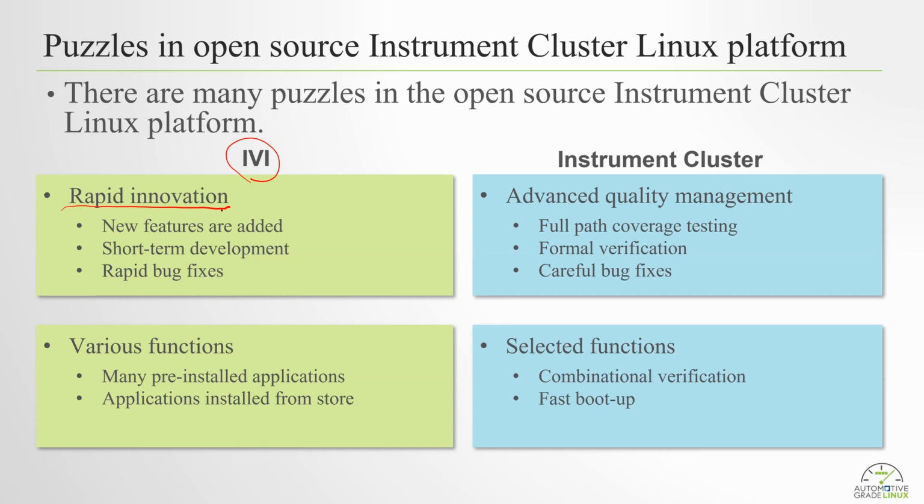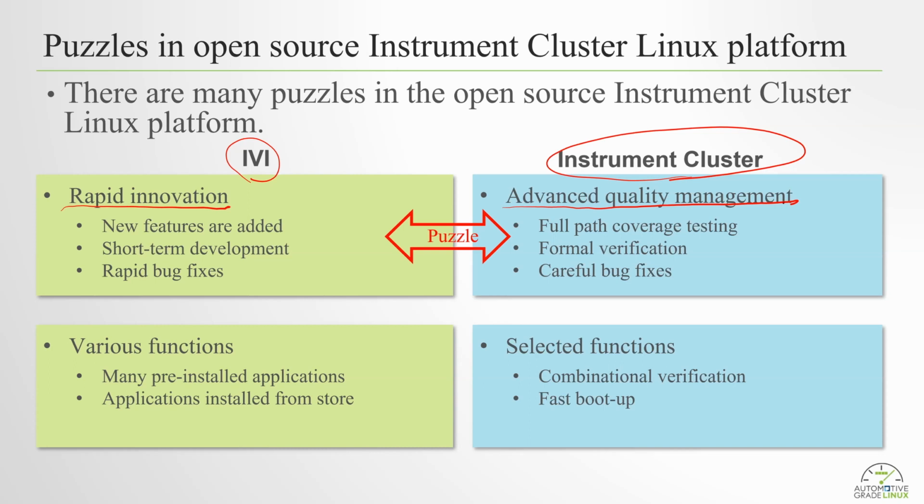It's an IVI side requirement. On the other hand, the instrument cluster side requires advanced quality management. This means, for example, full path coverage testing, formal verification, and careful bug fixes. It's a big puzzle.